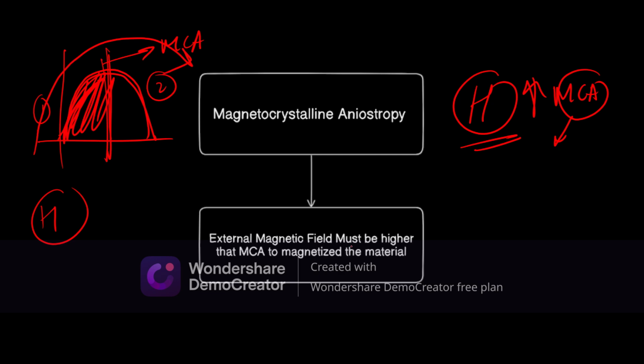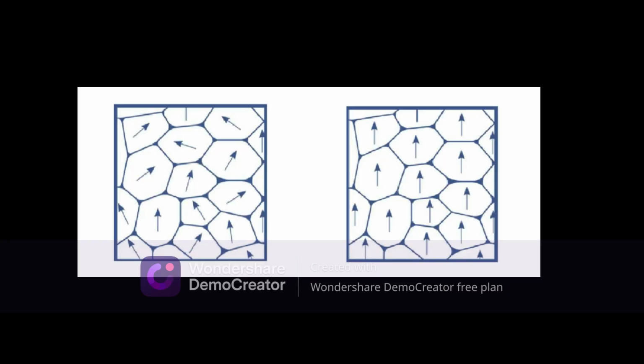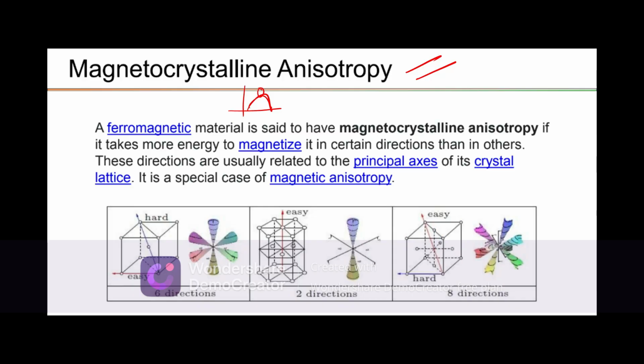Our external magnetic field must be higher than MCA to magnetize the material. MCA refers to the energy which is required to magnetize the material. If our external energy is greater than MCA, then we can magnetize the material easily. So this is MCA, magnetocrystalline anisotropy.